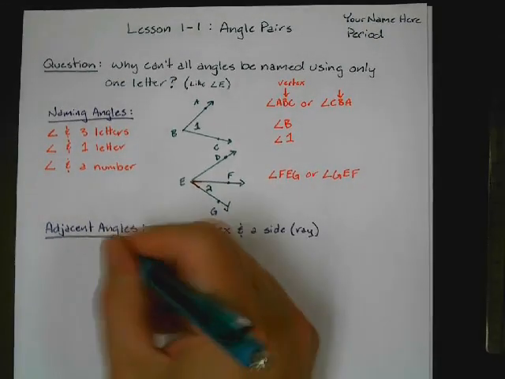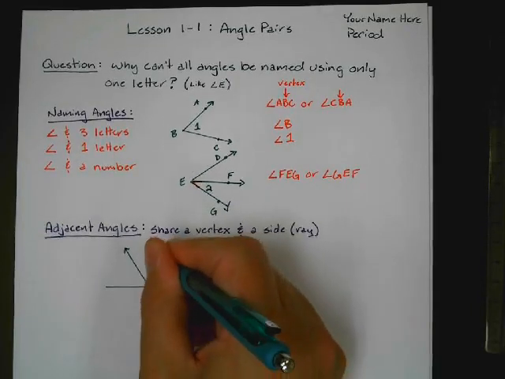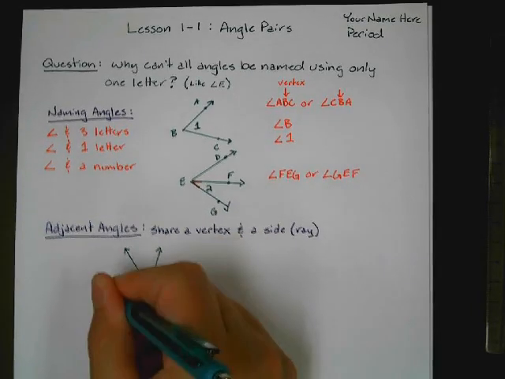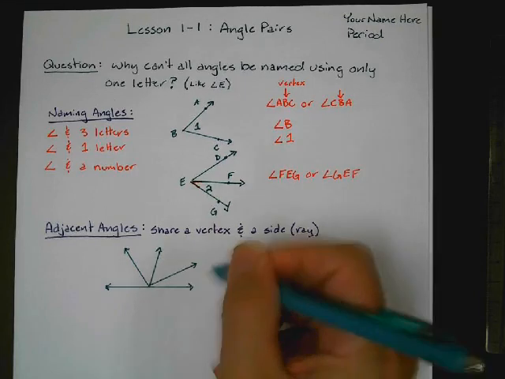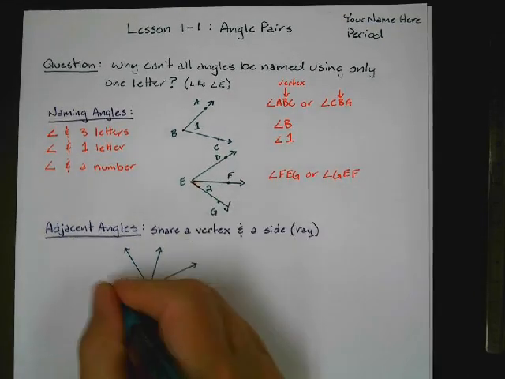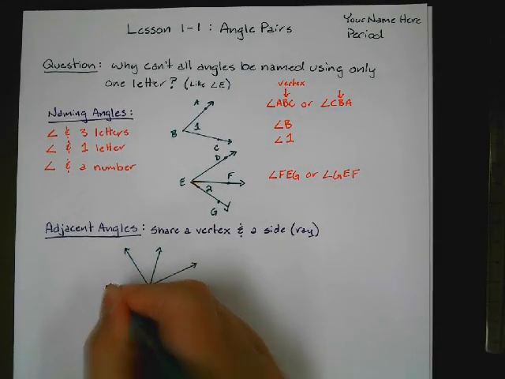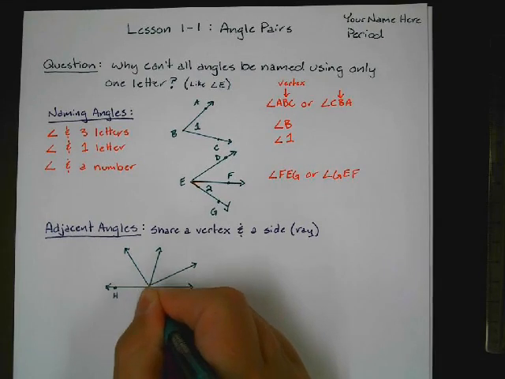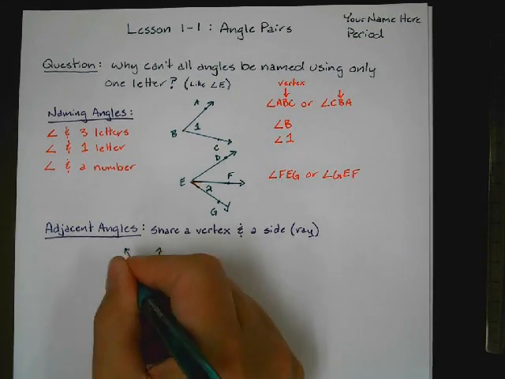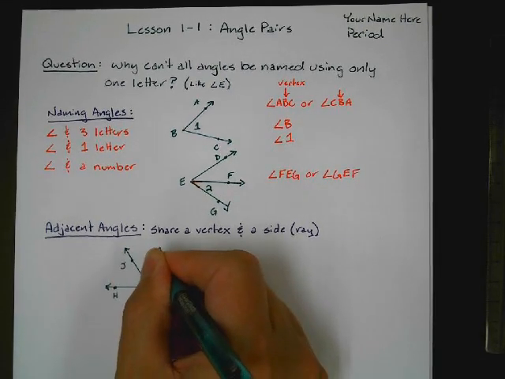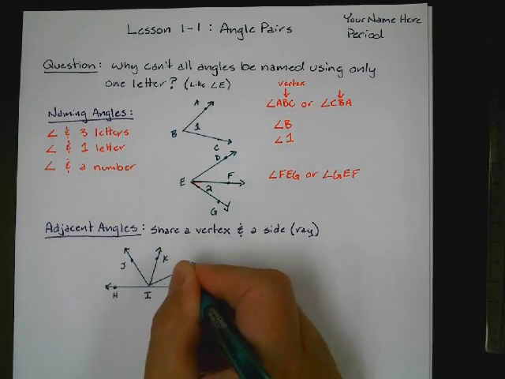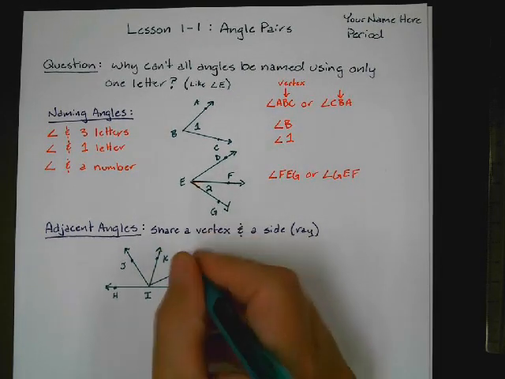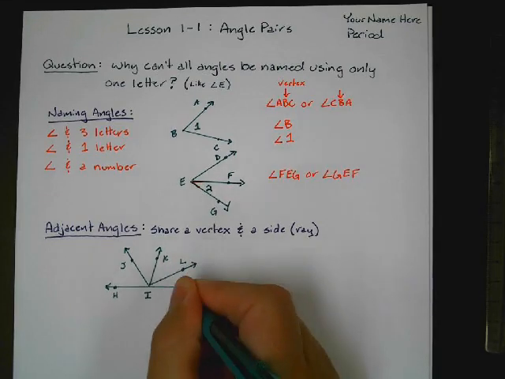All right, so I got a bunch of angles sitting there. Let's go ahead and call this H out here. The vertex right here will be I. Call this one J. This one will be K. This will be L. And this will be M.